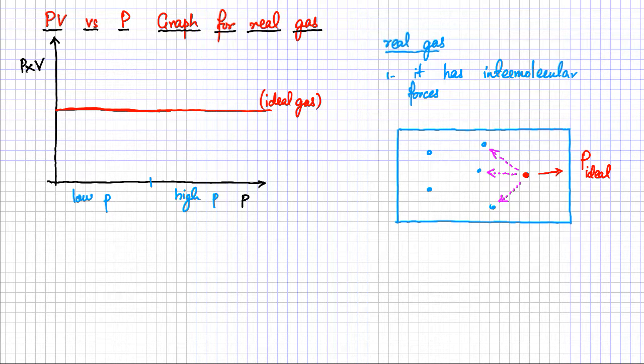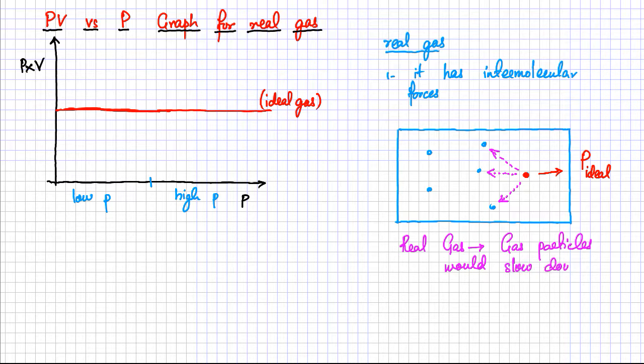So as this particle is moving to hit the wall of the container, it's going to be slowed down. So in a real gas, gas particles would slow down when they hit the wall of the container due to intermolecular forces.